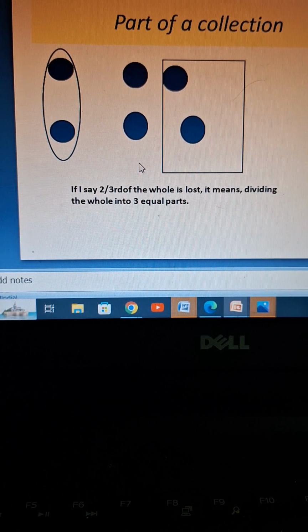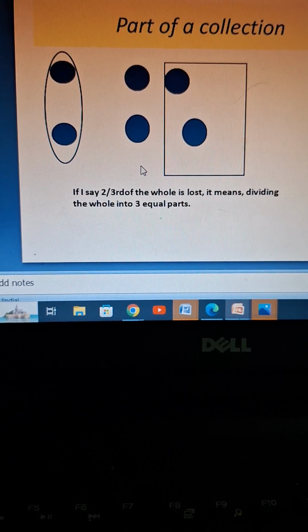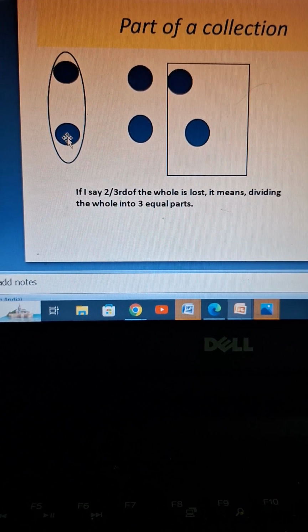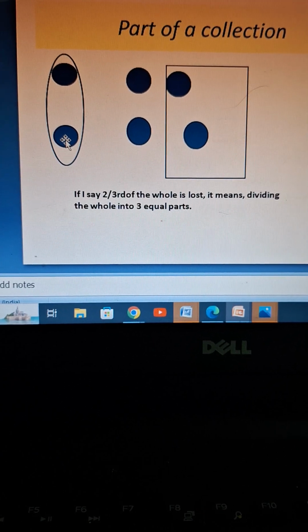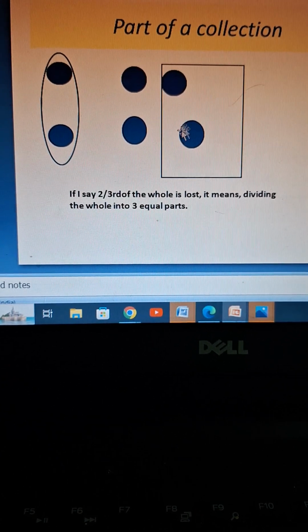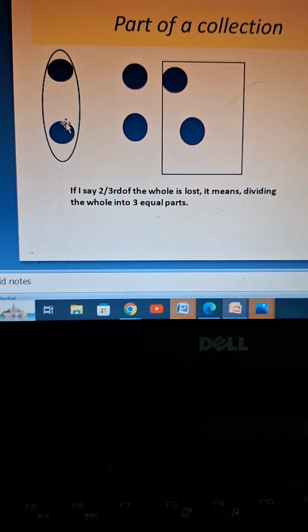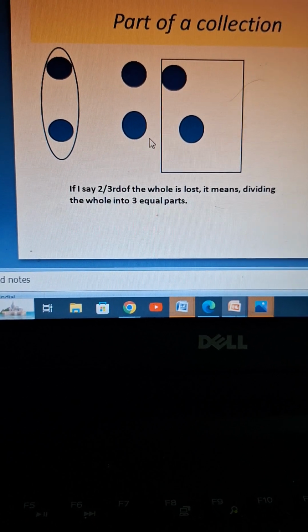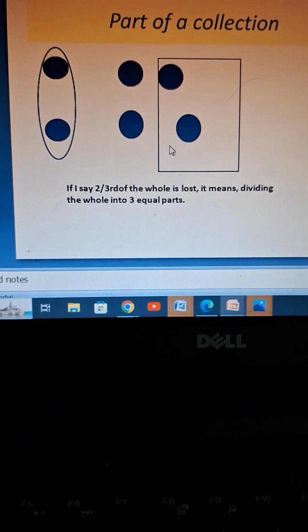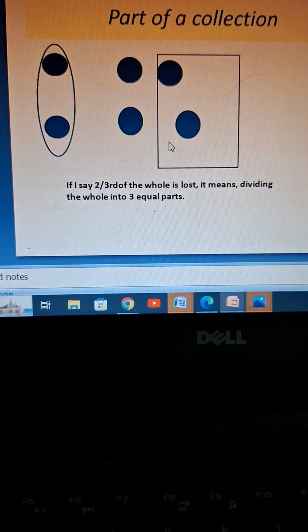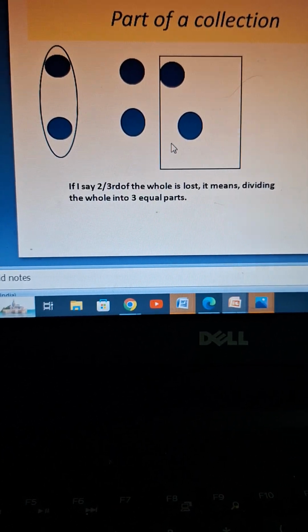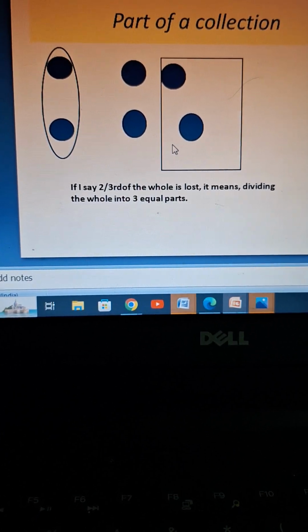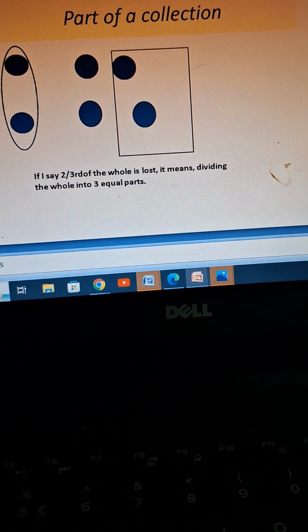What does that mean? 6 divided by 3, so in each group we get 2 marbles. Out of these 3 groups we are taking 2 groups. It means 2/3 of 6 is equal to 4 marbles. That is, 2/3 times 6 is equal to 4.